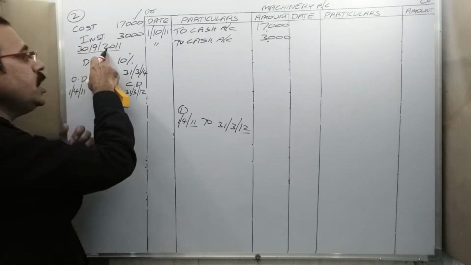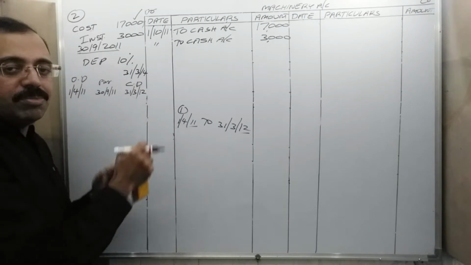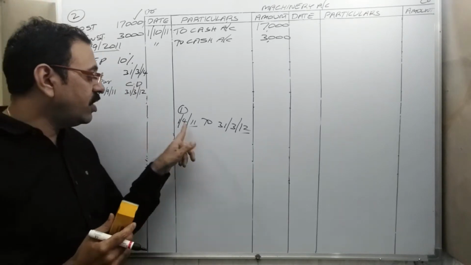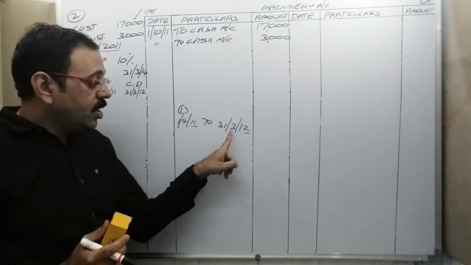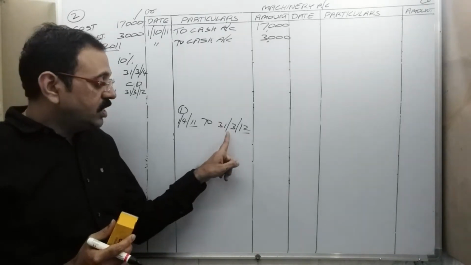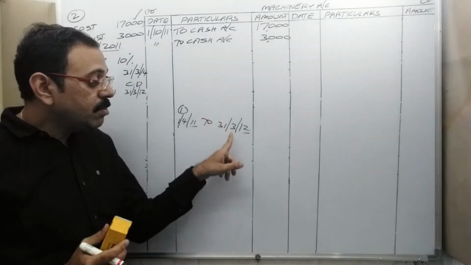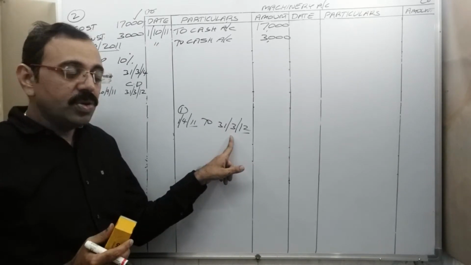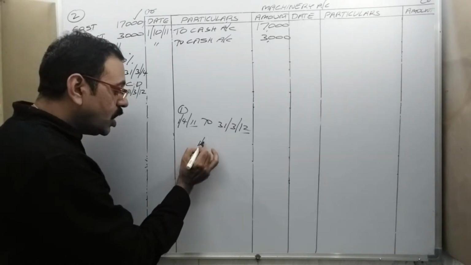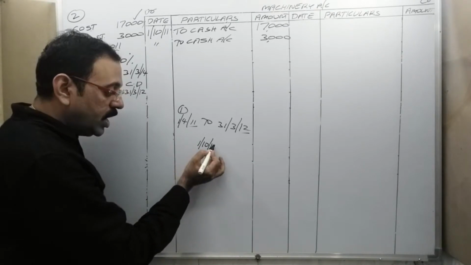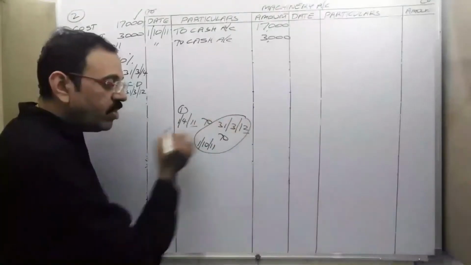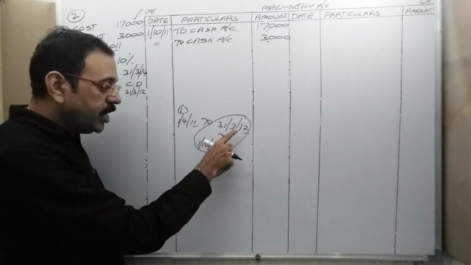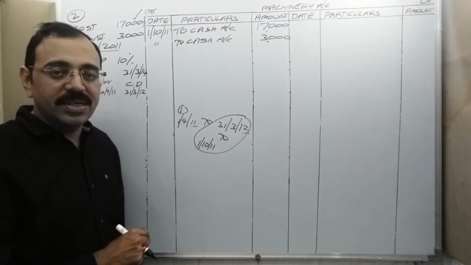October, November, December: in 2011, 3 months we used. Similarly, in 2012, January, February, March. So from 1st October 2011 to 31st March 2012, for a 6-month period only we use this asset.